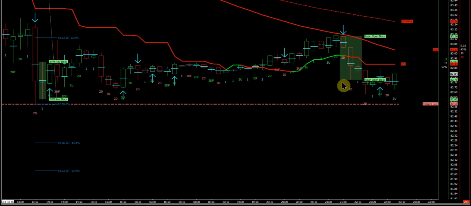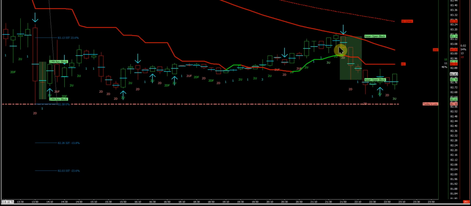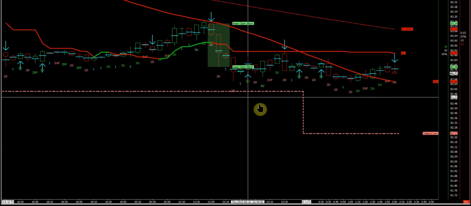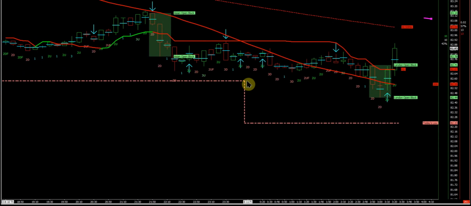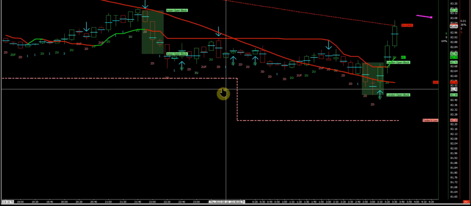Now, what if you had your target at 82.58, you're getting in at 83.05, you're looking at a $400 move. But I just got $250 here. Do I really want to sit through all this in order to get that right there, which was 82.58?